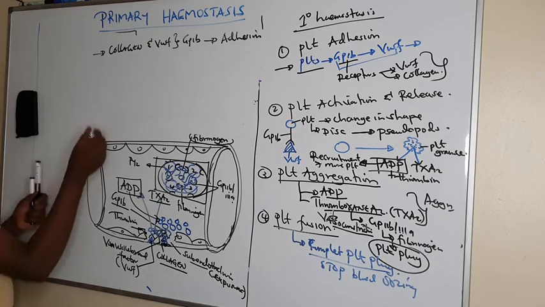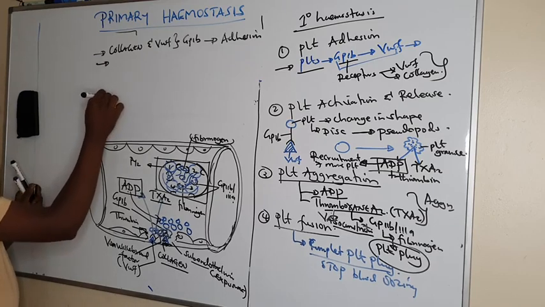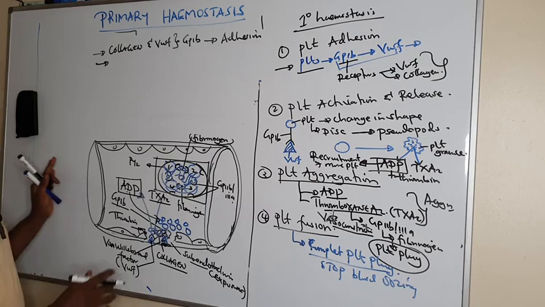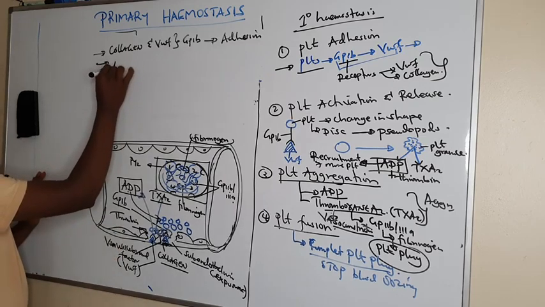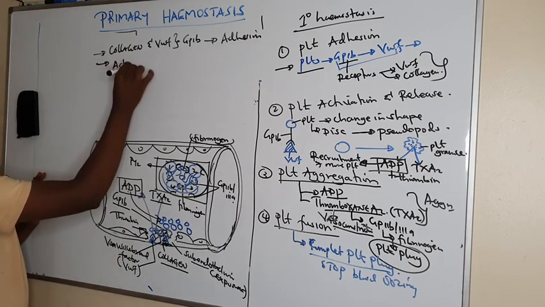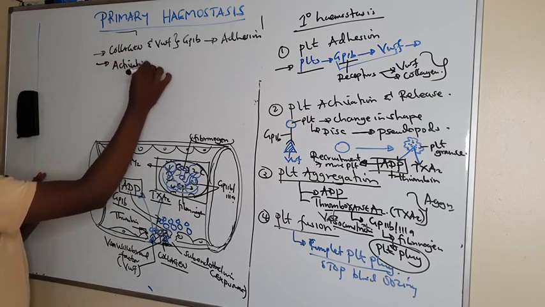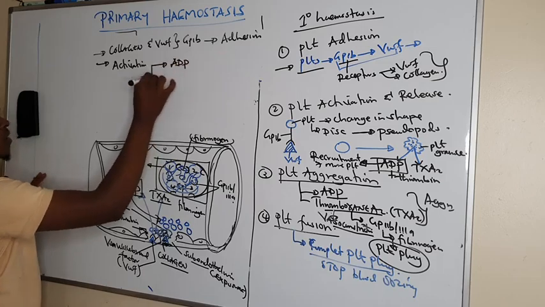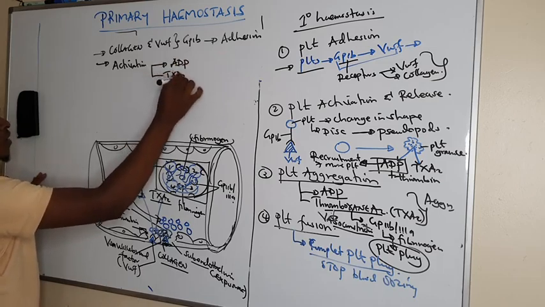And number two, we have seen that after adhering, they change in shape, and the change in shape is what we are calling activation. And this activation causes release of ADP and thromboxane A2.